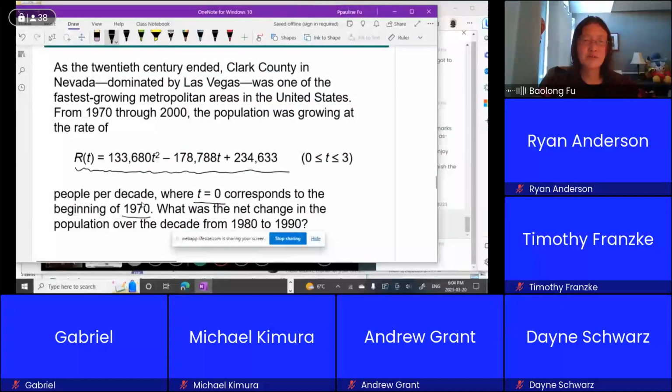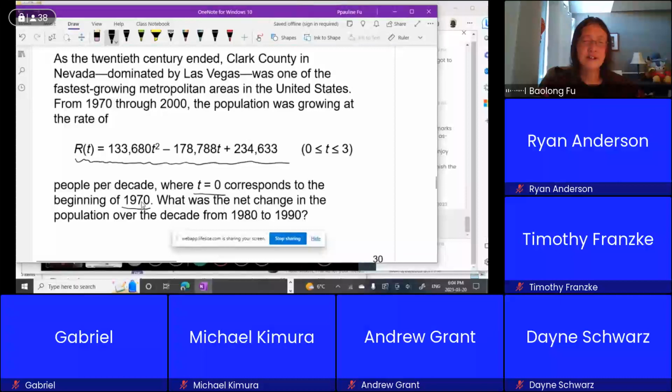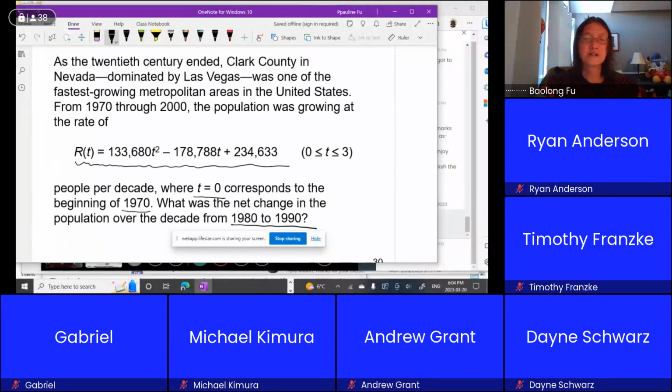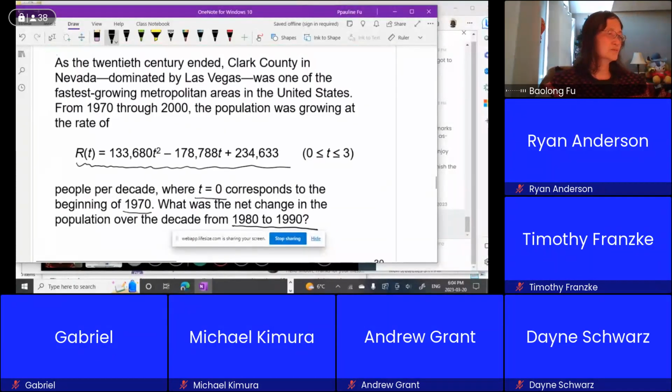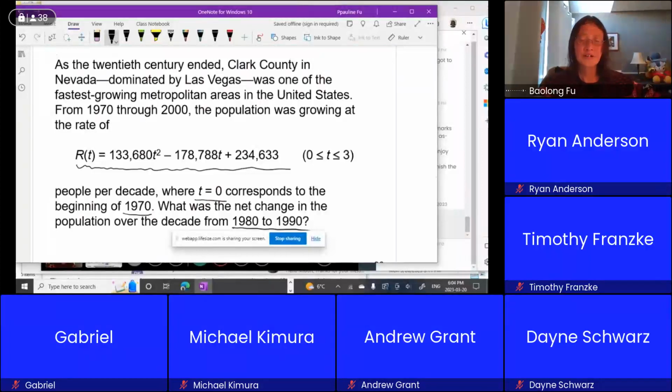The question asks: what was the net change in the population over the decade from 1980 to 1990? So I pause for a moment to let you digest this example.